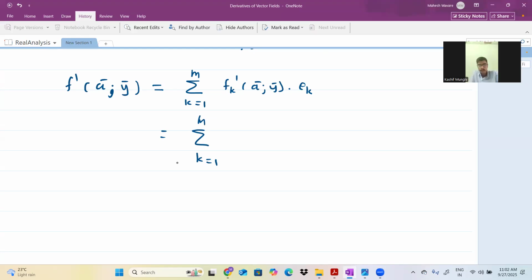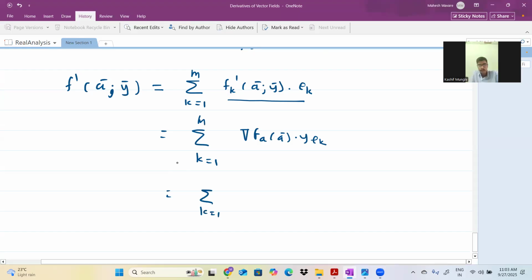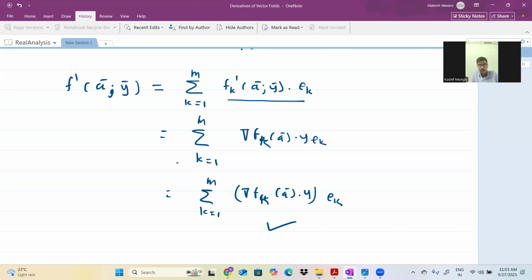From scalar calculus, this is nothing but del f_k at a bar, that is the proof of this. Sum over k from 1 to m of del f_k a bar y. Another formula for f dash you can compute like this. So it is a proof of this result.